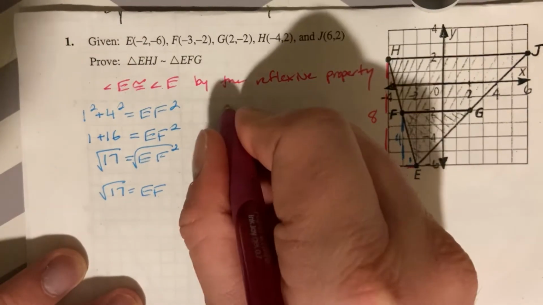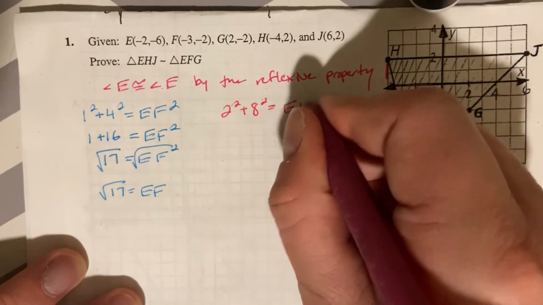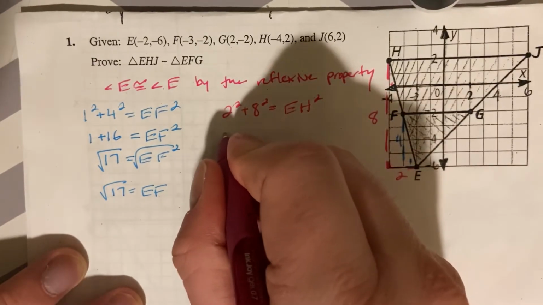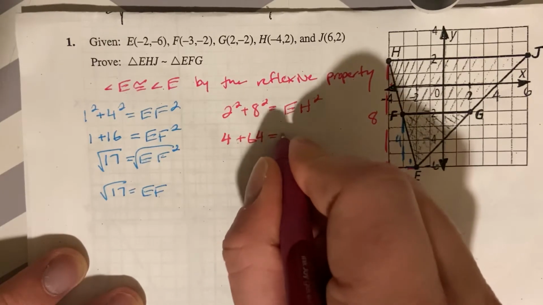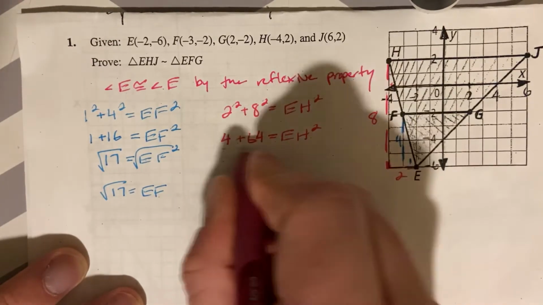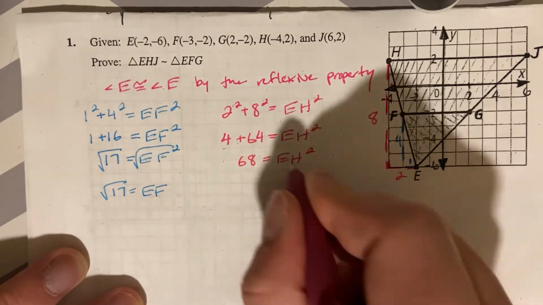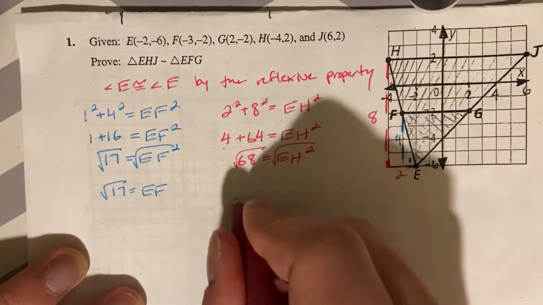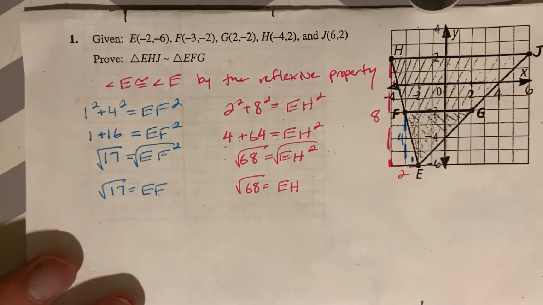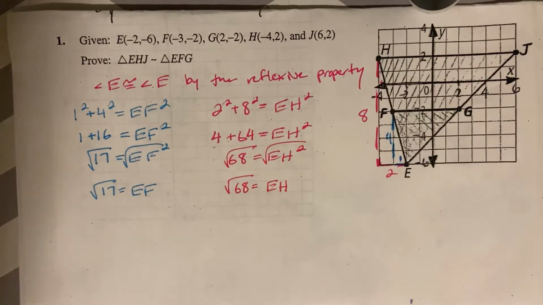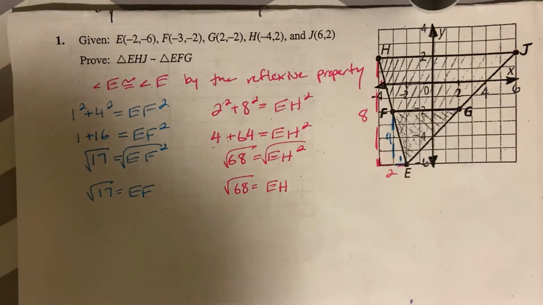So I would say 2 squared plus 8 squared equals EH squared. 2 squared is 4. 8 squared is 64. 4 plus 64 is 68. We take the square root of both sides. That gives me the square root of 68 equals EH. Okay. Now I'm going to find the lengths of the other 2 sides the same way.